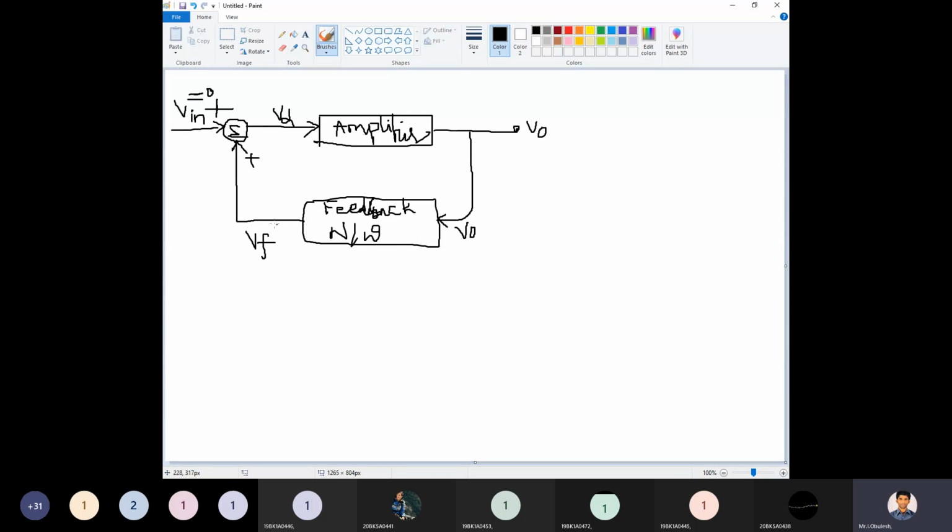This is the positive feedback. It will take only this and does not take this value. So we will take only this part, the amplifier part, and then this feedback network.